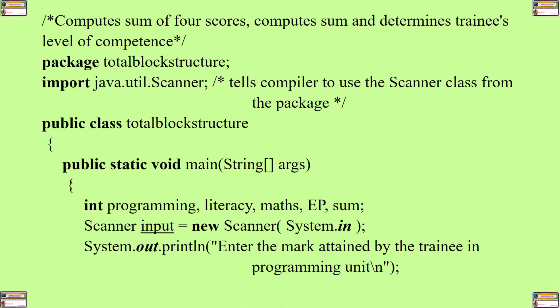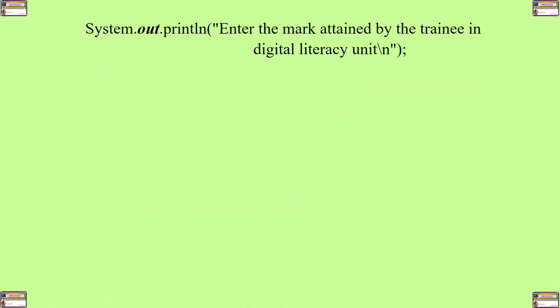And therefore, the next statement is to prompt the user to enter the mark attained by the trainee in programming unit. Once that value is keyed in, it will be read by the method nextInt through the object called input, and the value received will be stored in the memory location called programming.